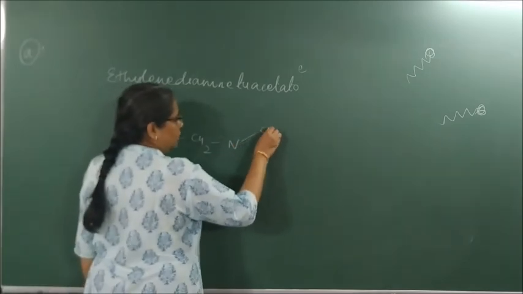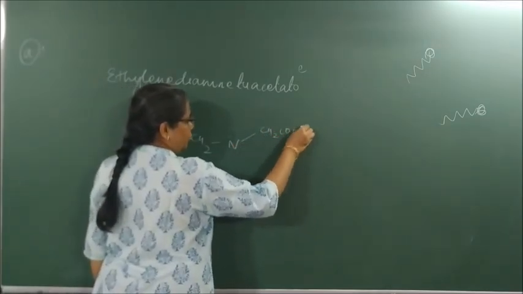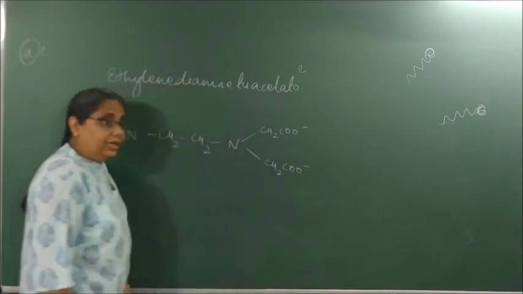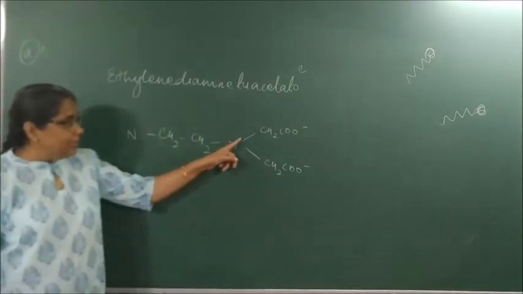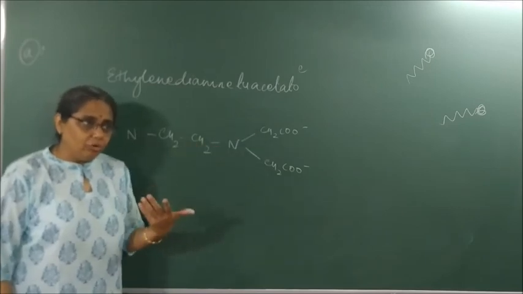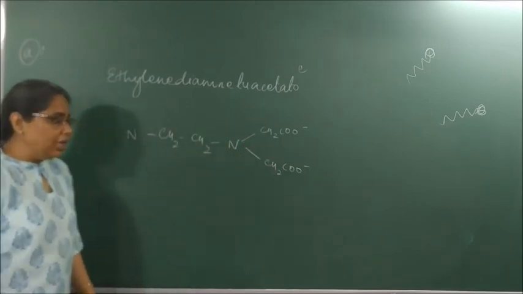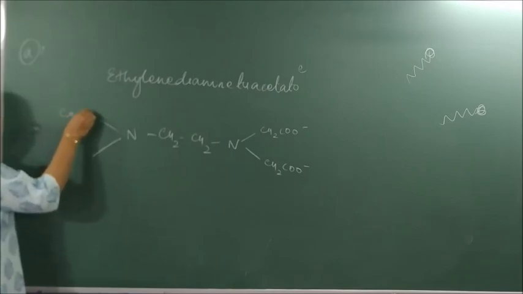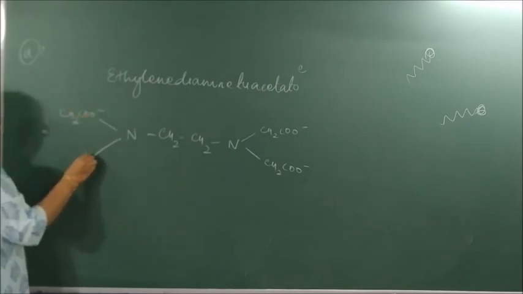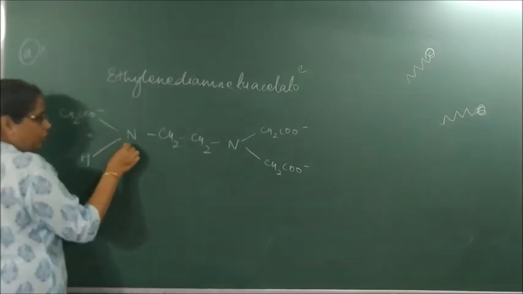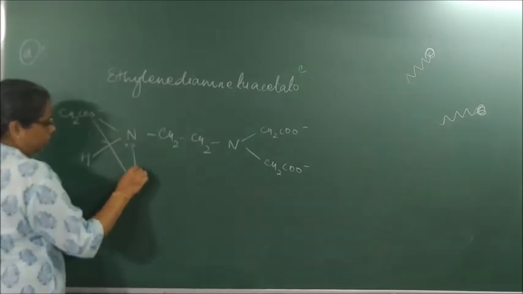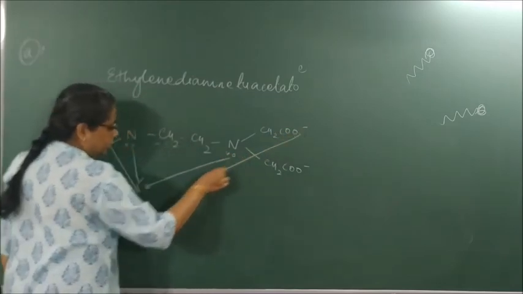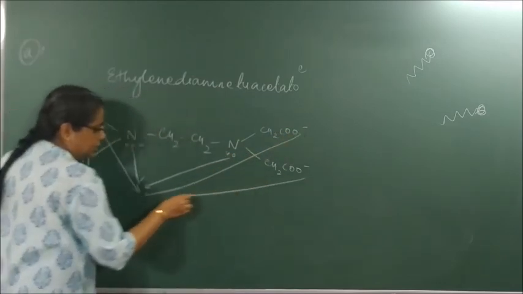So CH2COO minus, CH2COO minus. Acetate is always CH3, but as it is forming a bond here, one H goes. So it becomes what? CH2COO minus. Here also one CH2COO minus and an H. One here, one here, one lone pair electron here, one the negative charge and one this negative charge.